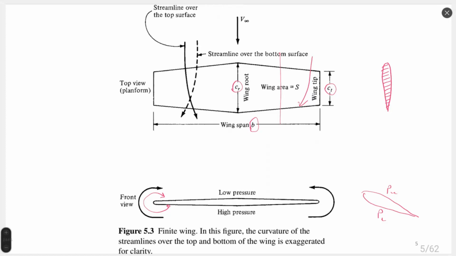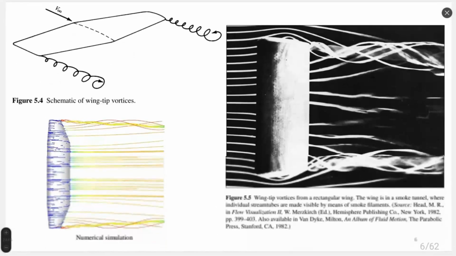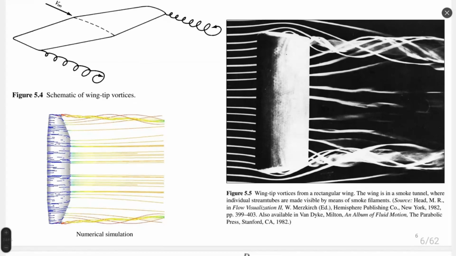A vortex appears. Such a vortex can be observed not just schematically or analytically, as presented in figure 4, but also in experiment. Here in figure 5, streamlines are experimentally visualized by smoke in the wind tunnel, where you can see that a vortex structure appears.